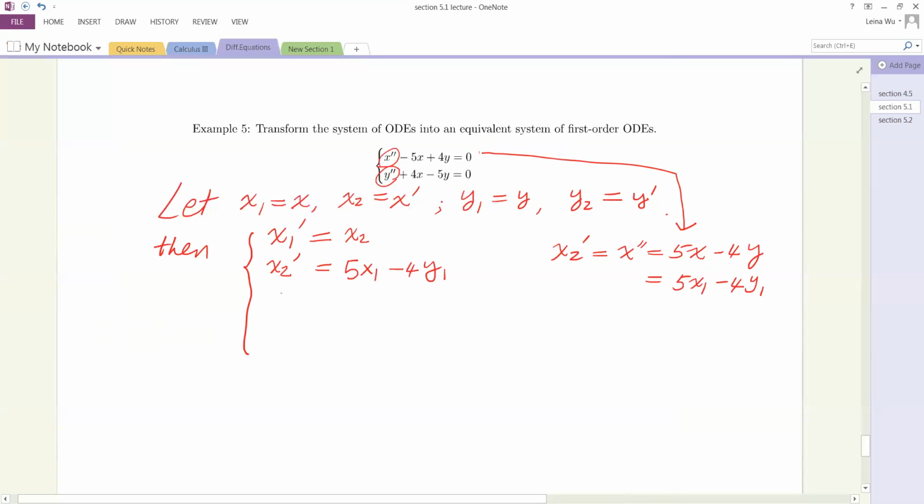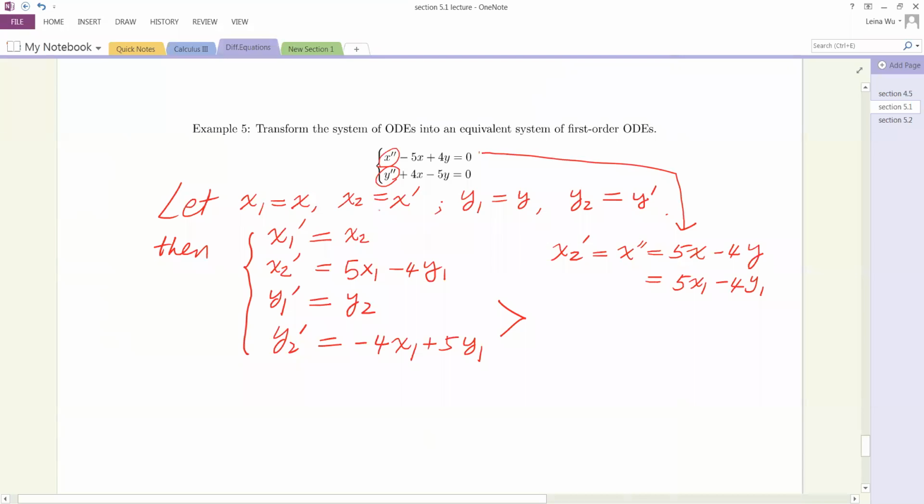Similarly, you guys please write down the equation about Y1 and the equation about Y2. Do you guys come up with these two additional ones?